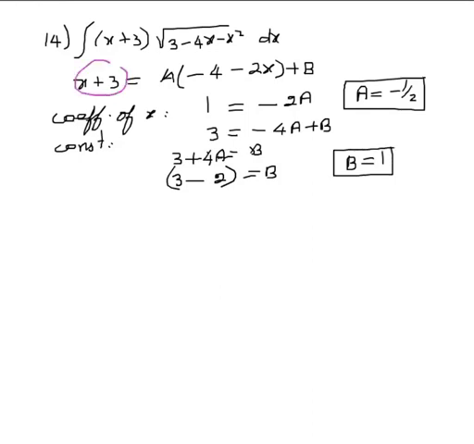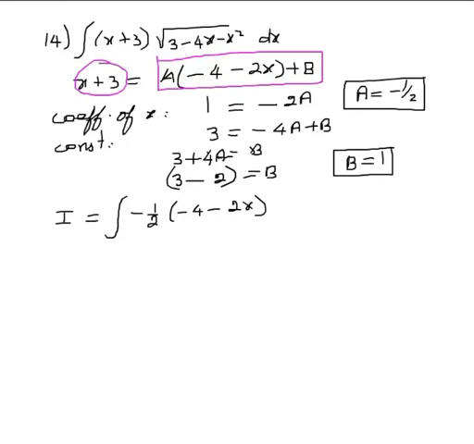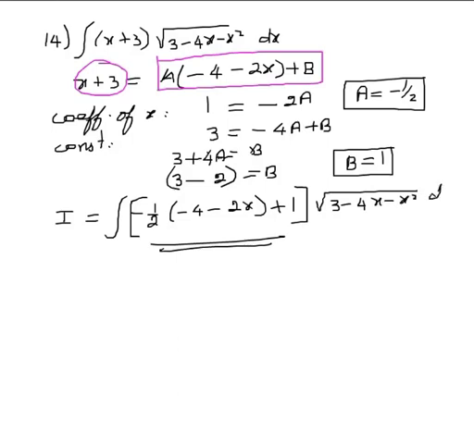Now in the given integral, replace this expression x plus 3 by this expression. Therefore, the given integral becomes integral x plus 3 can be written as minus half into minus 4 minus 2x, and b is 1. I told you if you open these brackets and simplify, you will get x plus 3, into root of 3 minus 4x minus x square dx.